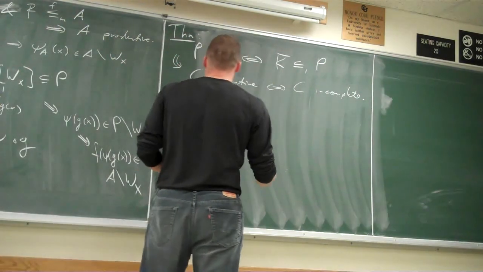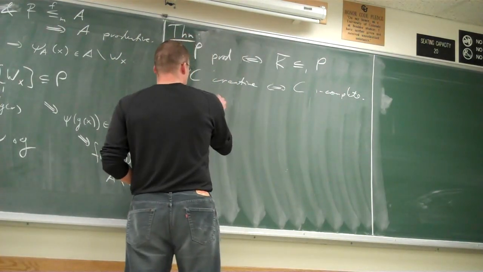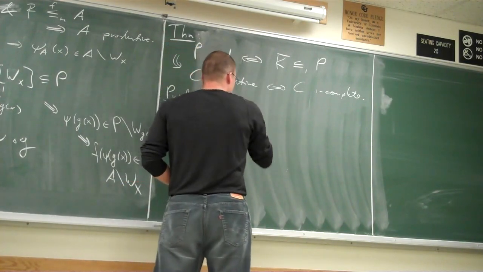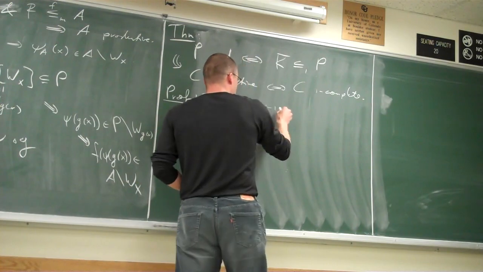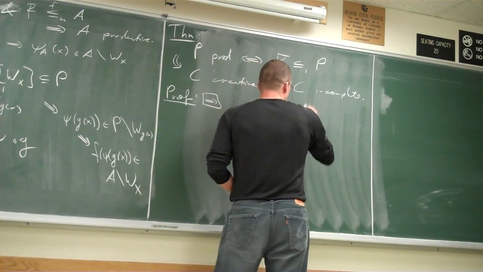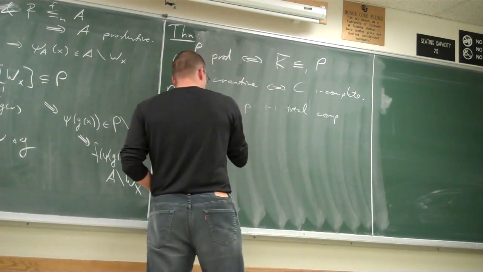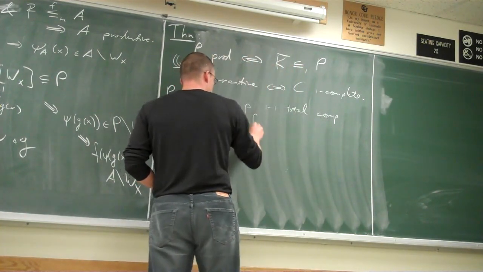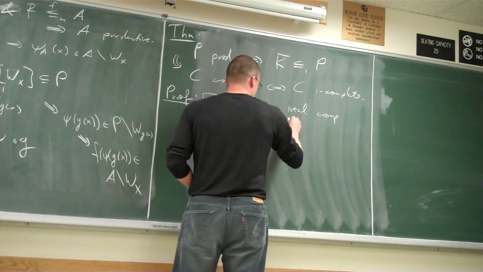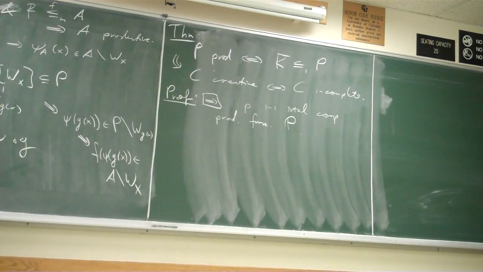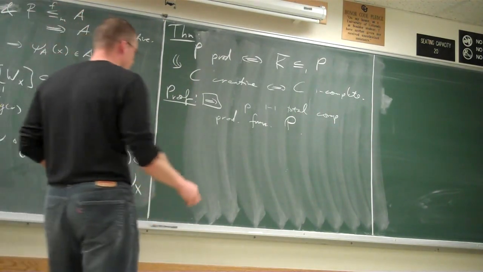And this is how we do it. We assume little p is a 1-1 total computable production function for P. It has a production function, therefore it has a nice production function.